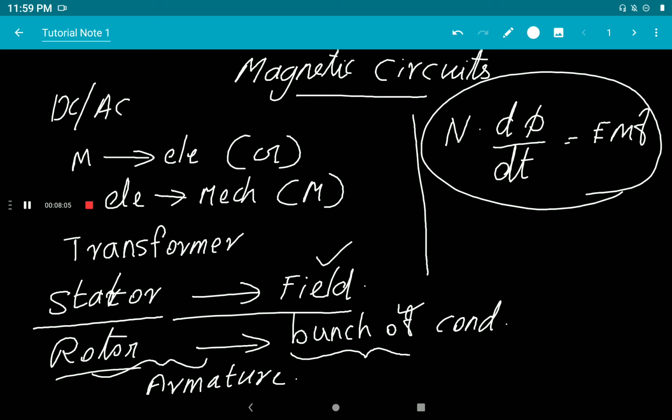Another way of producing EMF is when stationary conductors are given an alternating current, which produces a varying magnetic field. The varying alternating magnetic field will produce an EMF on that conductor. This is known as transformer action.